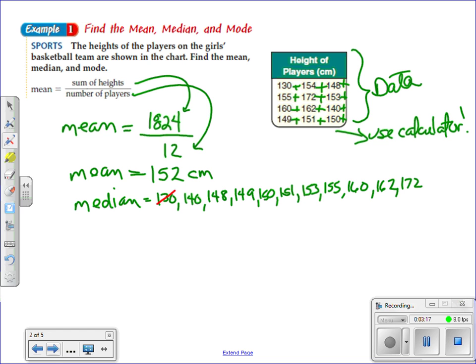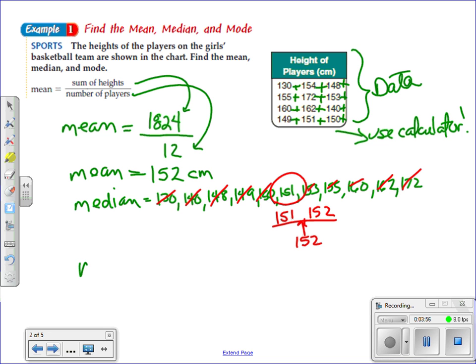Remember, we're going to start crossing out so we get to the middle. Cross out, cross out, cross out, cross out, cross out, cross out. I think I might have missed somebody. Well, anyway, as I've recorded it, that would be our median. What did I miss? 157. So that's how you find the middle. Where you have two numbers in the middle, then you would find what's halfway in between.